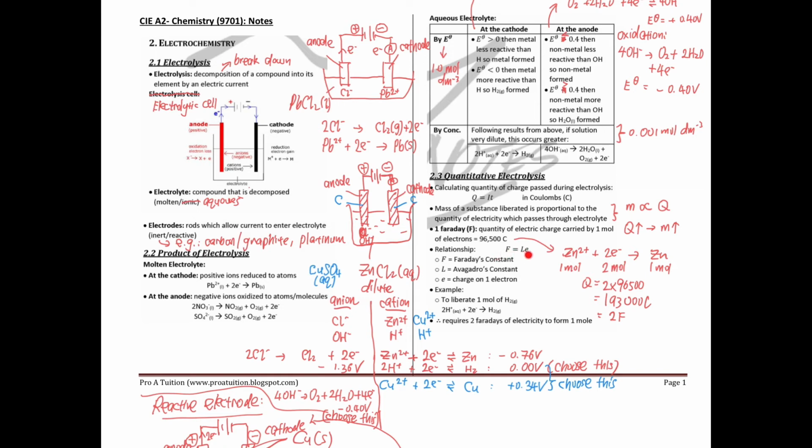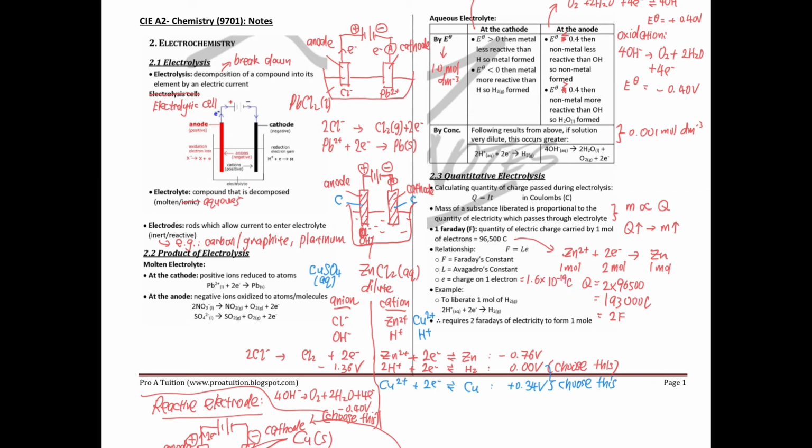F equal to LE. So F is the Faraday, equal to L, Avogadro constant. E is charge on 1 electron. This value is given as 1.6 times 10 to the power of minus 19 coulomb.